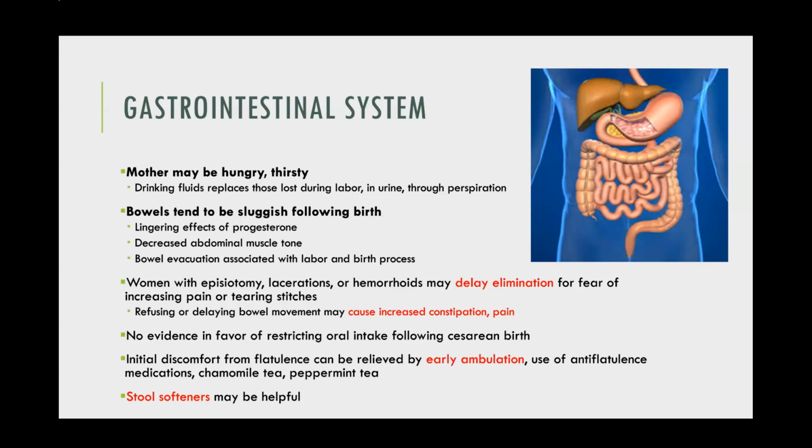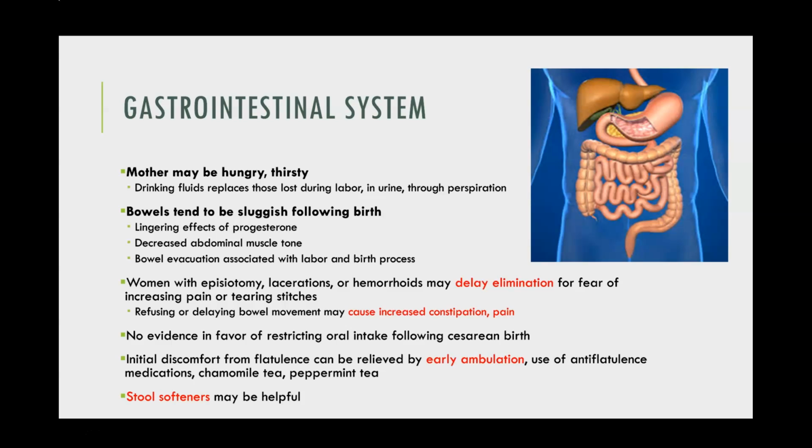Chamomile tea and peppermint tea can be some of your other complementary alternative medicines to use for these people. And stool softeners are often very helpful for people who have delivered vaginally or by C-section.